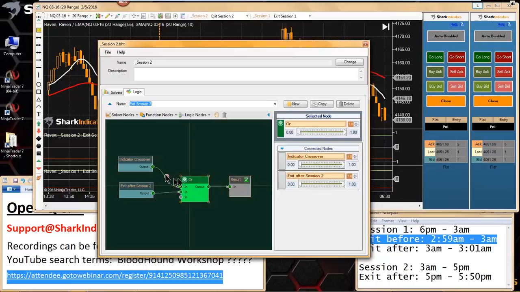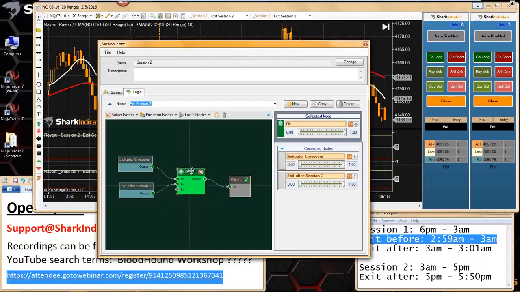So just think of this as a joiner. It takes all the signals coming into the OR node and joins them all together into one single output like that. So that's all the OR node is.